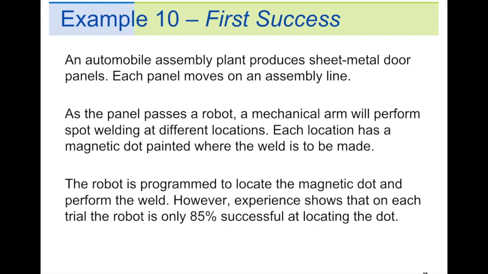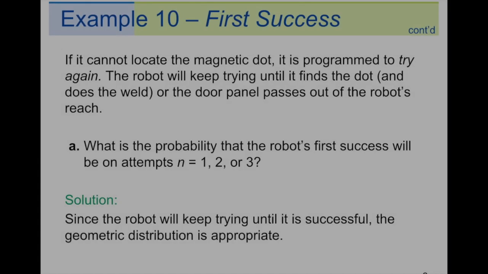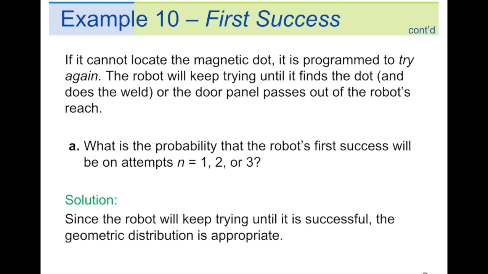However, experience shows that on each trial, the robot is only 85% successful at locating the dot. If it cannot locate the magnetic dot, it is programmed to try again. The robot will keep trying until it finds the dot and does the weld, or the door panel passes out of the robot's reach.